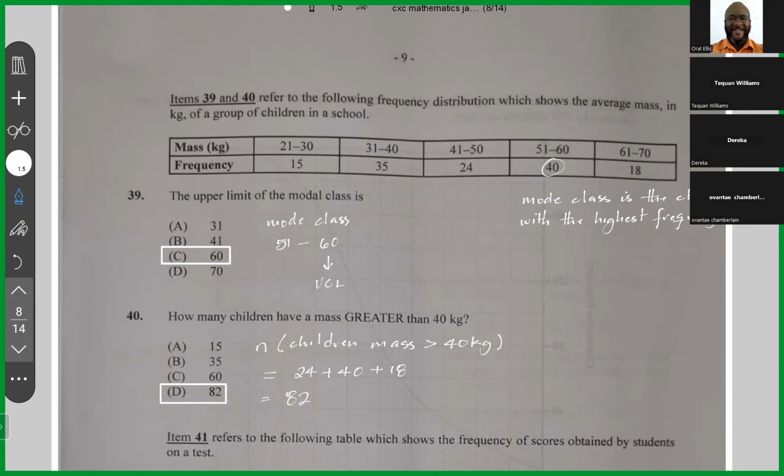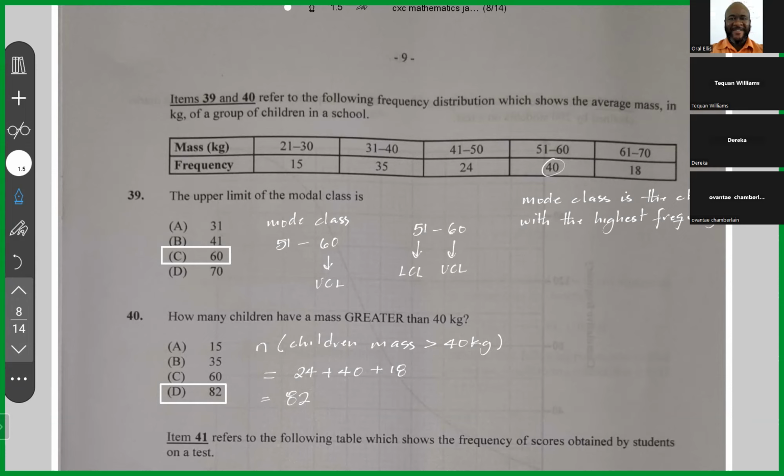Now, we're asked for the upper class limit. In the class 51 to 60, 60 is the upper class limit, and 51 is the lower class limit. The upper class limit is 60.